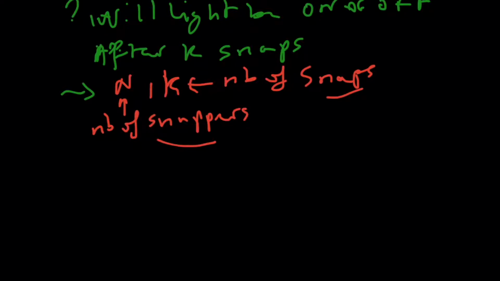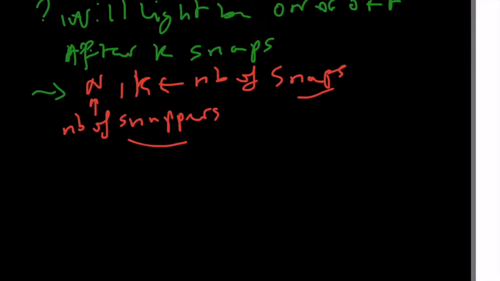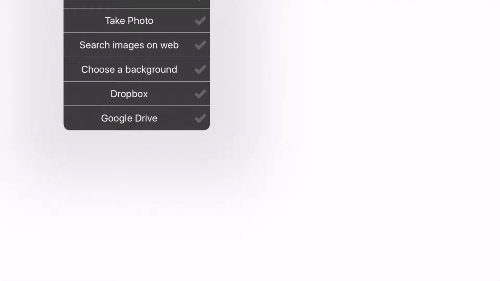So it's useful to look at some examples just to get a handle on what's happening. Let's pick the smallest one, n to be 1 and k to be 0, which means we have one device and 0 snaps.